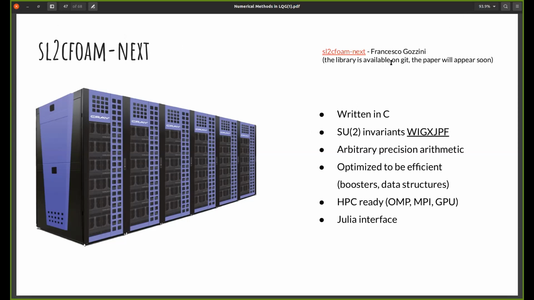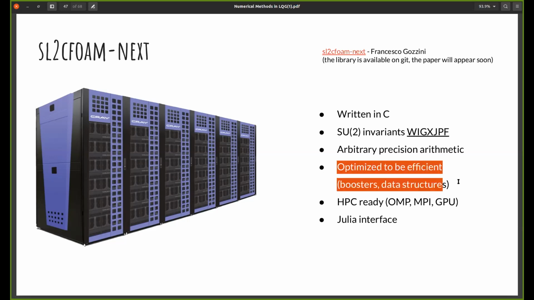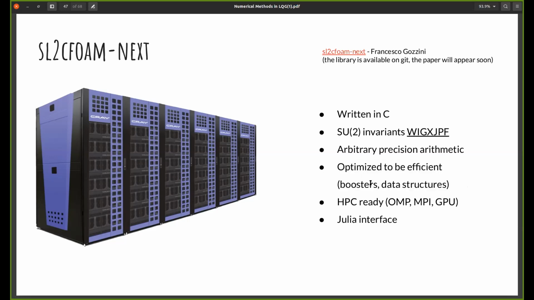It's written in C, also sl2cfoam-next. It has some characteristics in common with its predecessor. However, it is optimized to be very efficient. It computes the booster function in a completely different way, and uses a multidimensional array as data structure to store all the pieces. It's high performance computing ready, meaning that it is parallelized with the libraries that are supported by clusters.